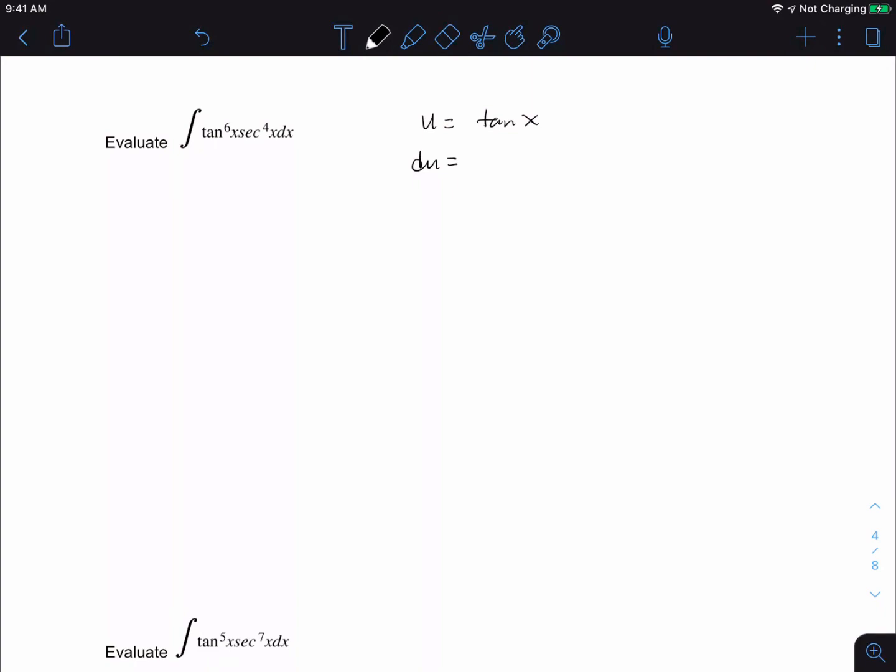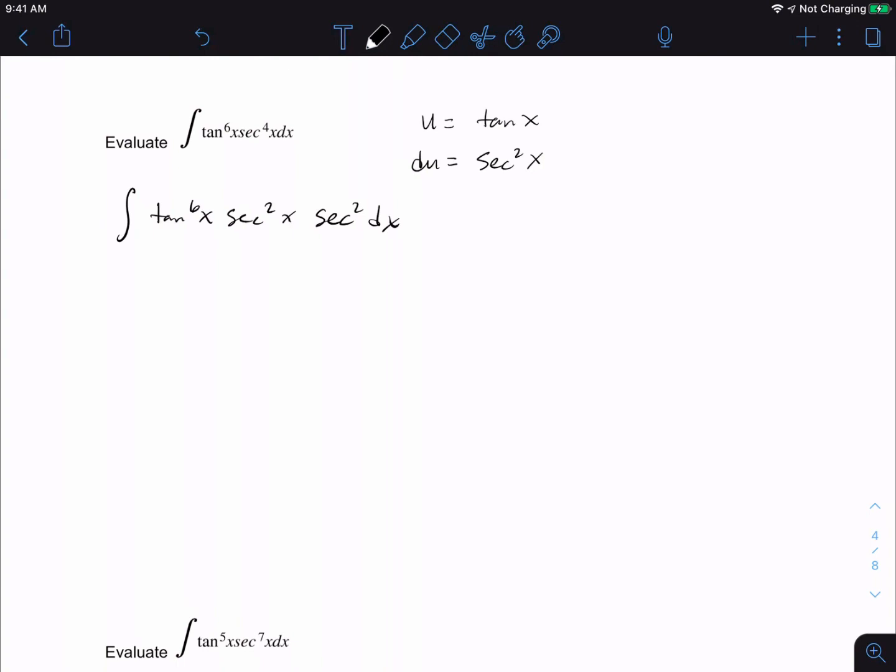Secant squared x. That's right. So since it's secant squared x, that's going to be helpful for us, because then I can break this problem up to become tan of 6x times secant squared of x times secant squared dx.